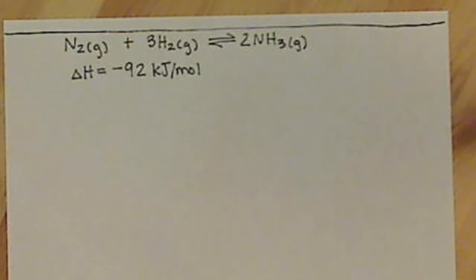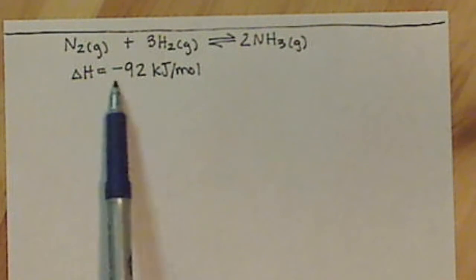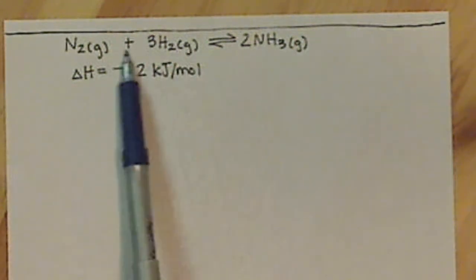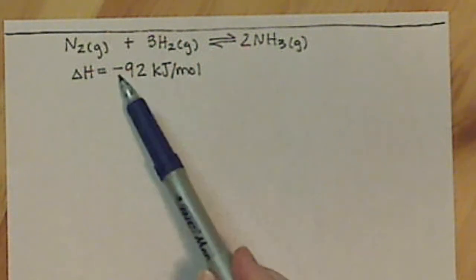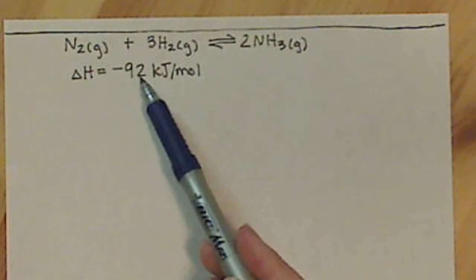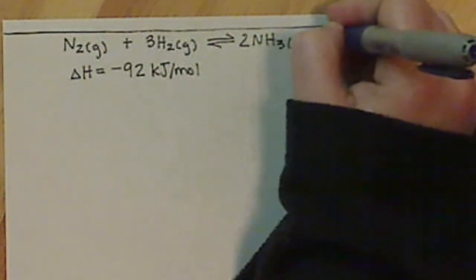So what that means, remember, we can look at our delta H value by itself, or we can include a delta H value in our reaction here. So if it's exothermic, that means it's giving off heat, which means this heat or this energy is a product.